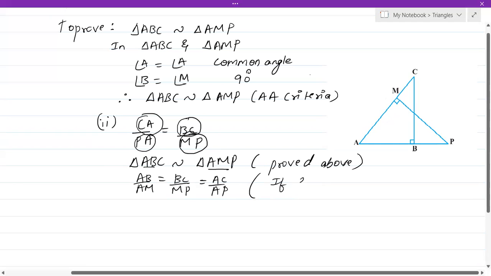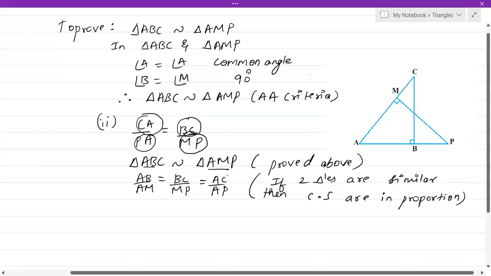What is the reason? If two triangles are similar, then corresponding sides are in proportion. That is why we have got it. In this, the required thing is CA by PA.